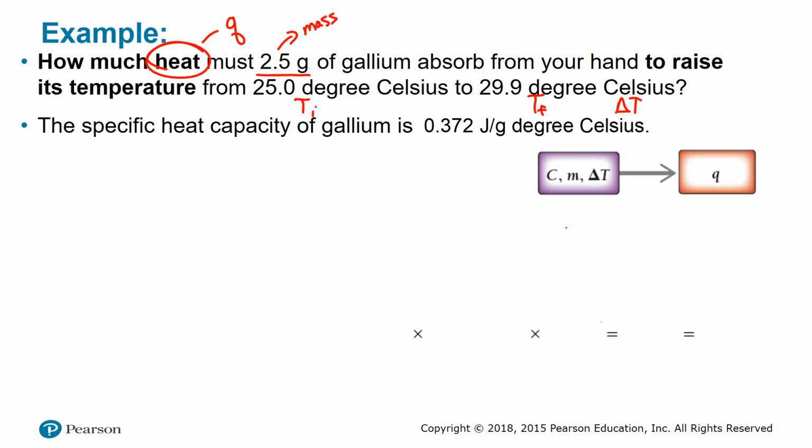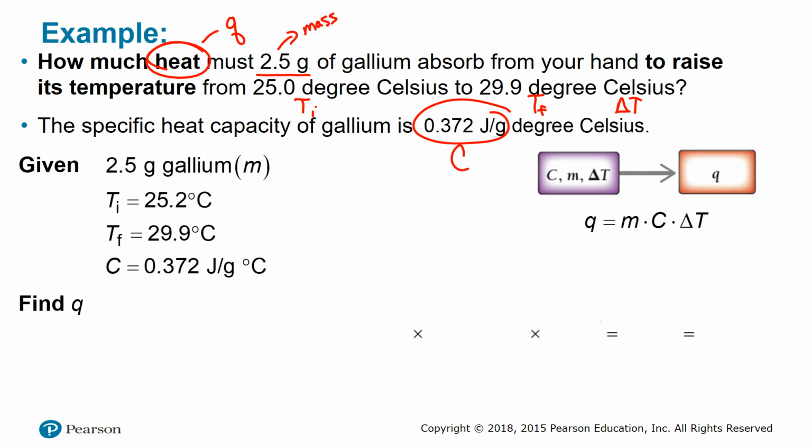We already talked about our TI and TF, that's our delta T. And then this represents specific heat. So we have our C, our M, and our delta T. So we have all the information. That means we can solve for Q by just multiplying them together.